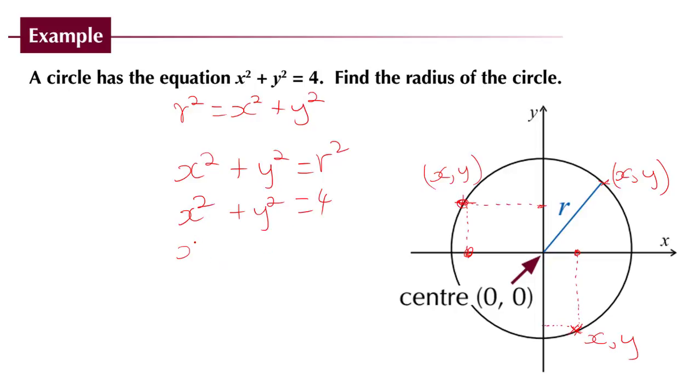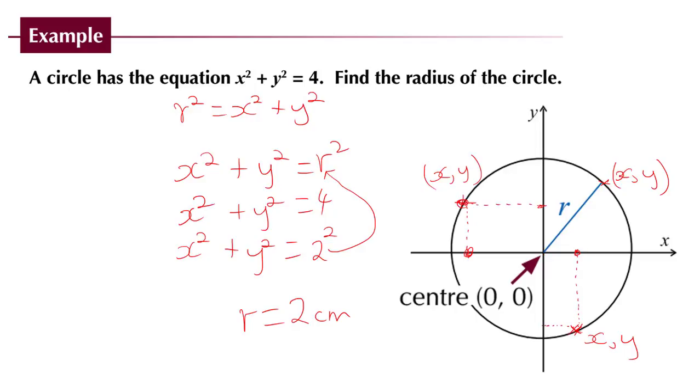The next thing we need to do is write the 4 as a square number. So that's basically 2 to the power of 2. So then we can see that the radius is going to be 2 centimeters. So this 2 here is what that r is. Okay. So this r is basically 2 centimeters.